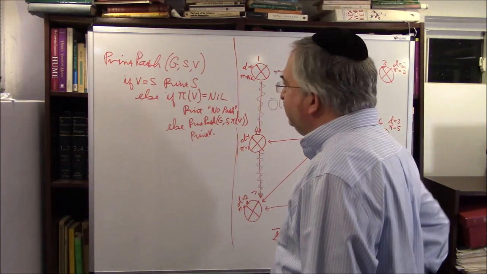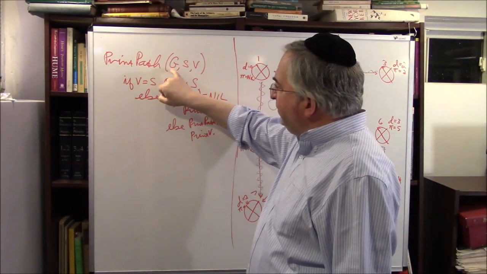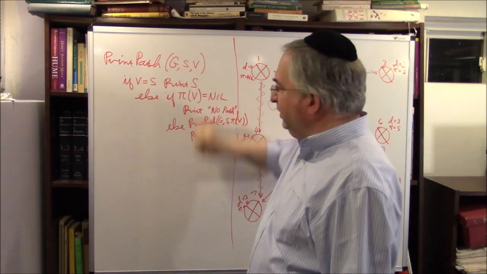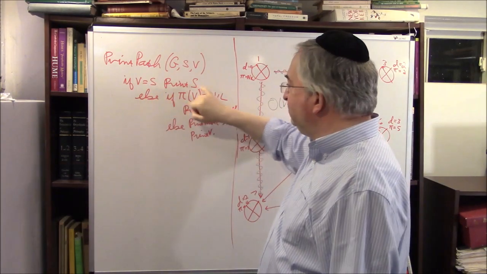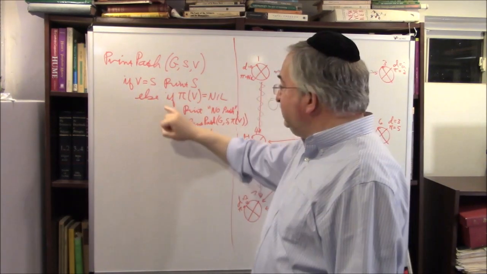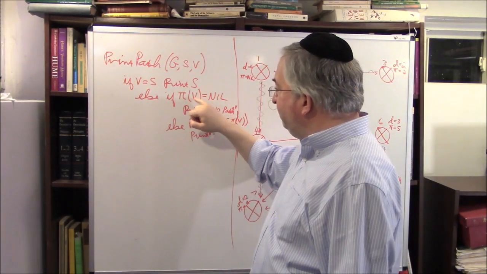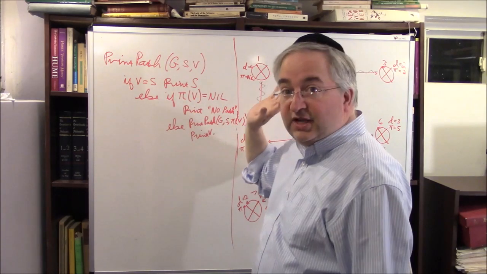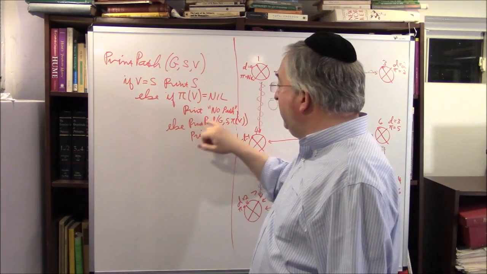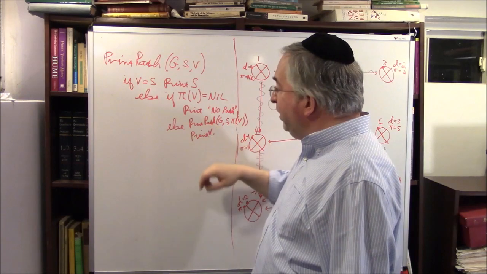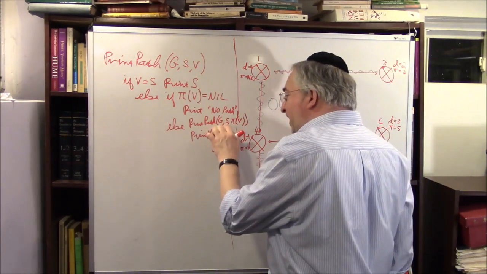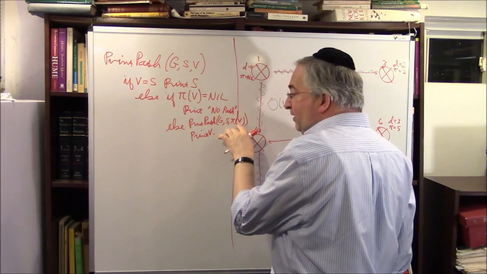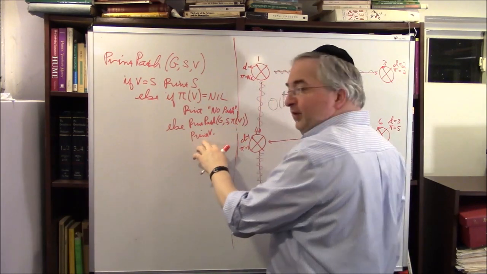It says as follows. You want to print a path in the graph G from S to V. If the finishing point is the same as the starting point, just print S. Else, if the parent of V is nil, then just say there's no path. Otherwise, print from S to the parent of V, and then print V.